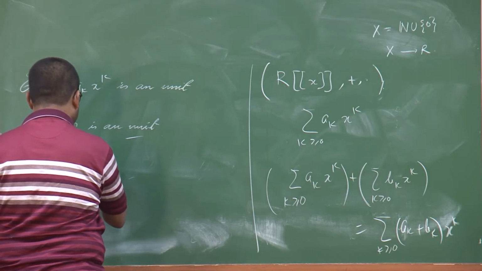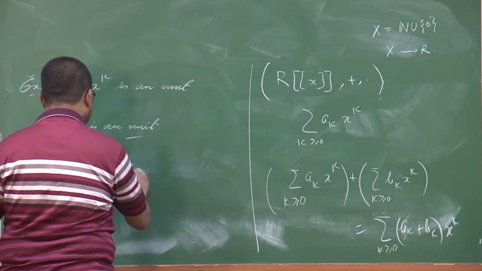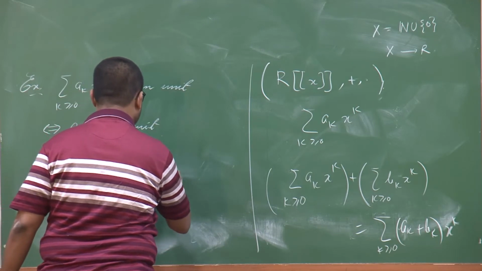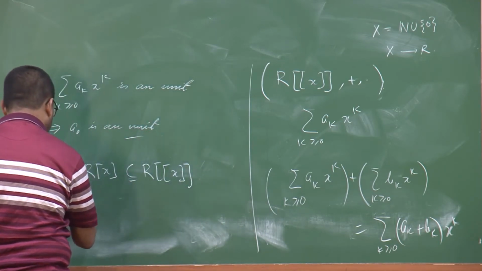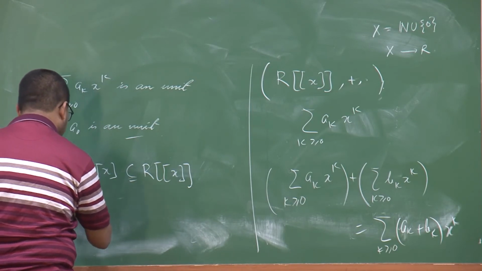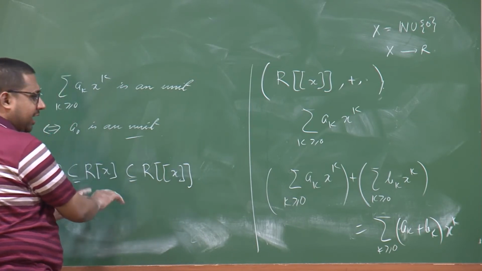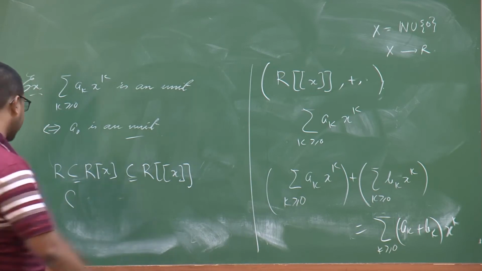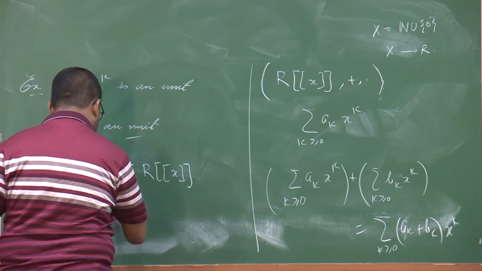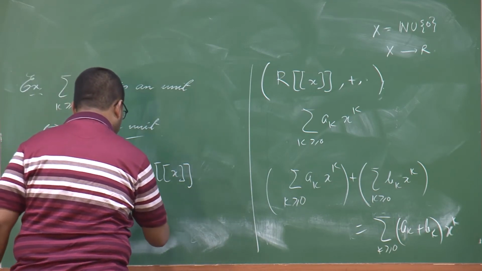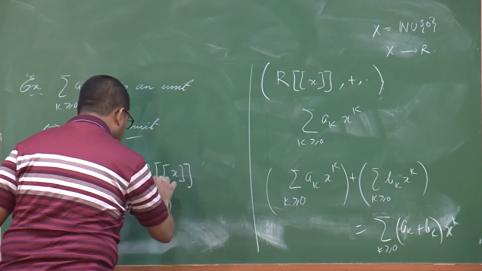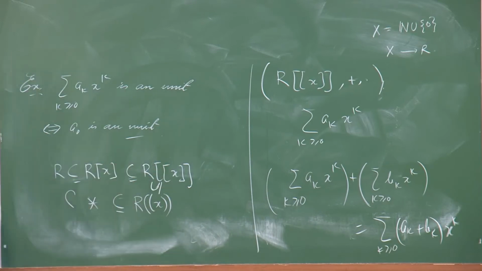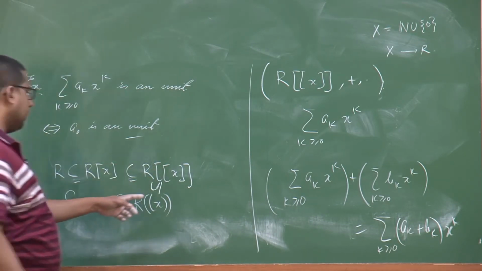R is a subring of its polynomial ring, and this is further a subring of the power series ring. On a different side, R is contained inside the ring of Laurent series, for which right now I am not assigning any notation, and this also contains the power series ring.